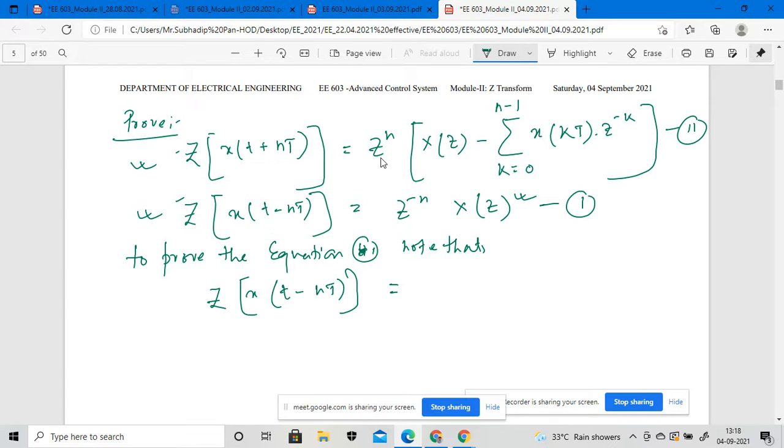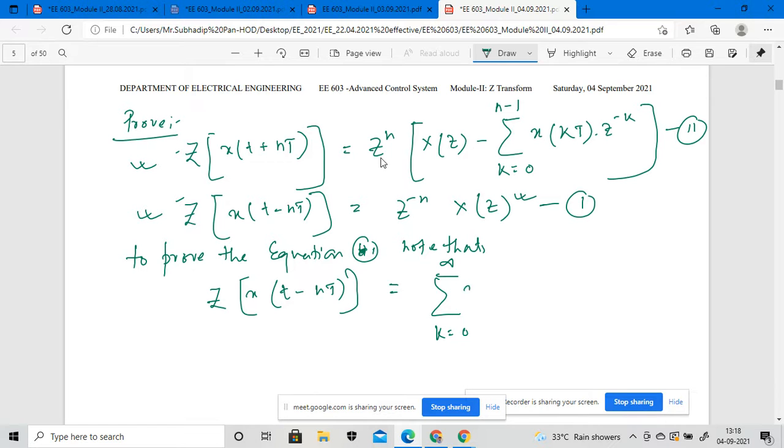Okay, so if I obtain the Z transformation of this particular unit step function, it will come like this: the summation of k equal to 0 to infinity.